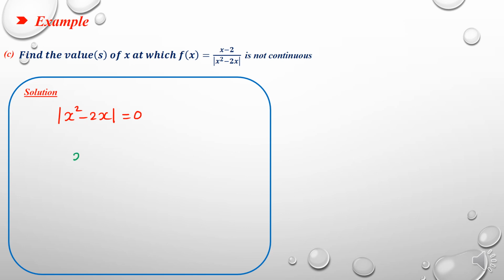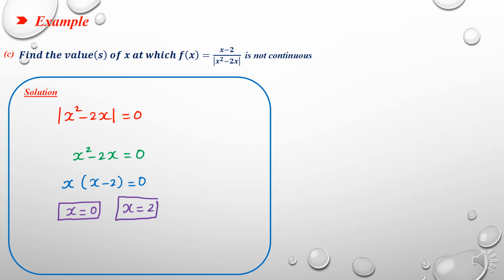So here we have x squared minus 2x equals 0. Now you have to take out the greatest common factor between the two terms. So we have x multiplied by x minus 2 equals 0. By the zero property, this means x equals 0 or x equals 2.